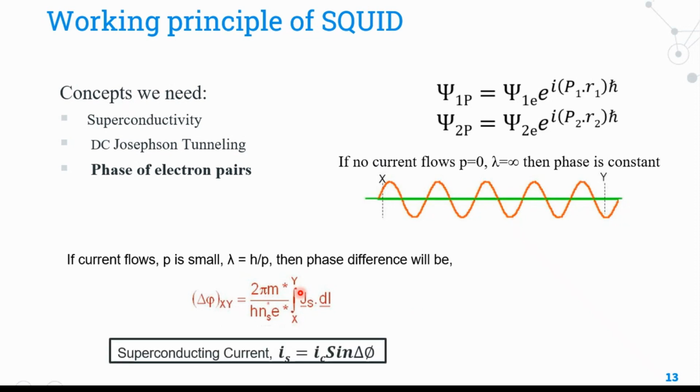This superconducting current is sinusoidally related to the phase change and is characterized by the critical current. This critical current depends on the size of the junction we choose, the superconducting material, and the operating temperature. So this concept is very important to understand the SQUID.